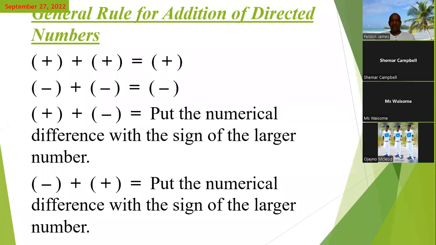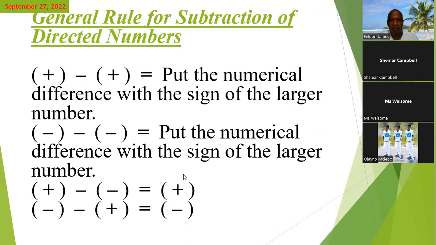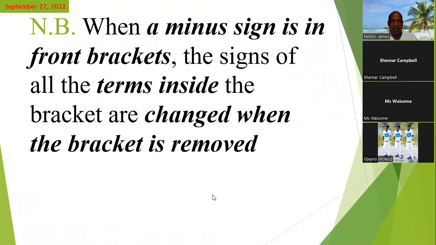If you're adding a negative and a positive, you find the difference and put the sign of the larger number. The rule for subtraction: the negative sign changes the signs in the brackets. When a minus sign is in front of brackets, the signs of all the terms inside are changed to their opposite when the bracket is removed.